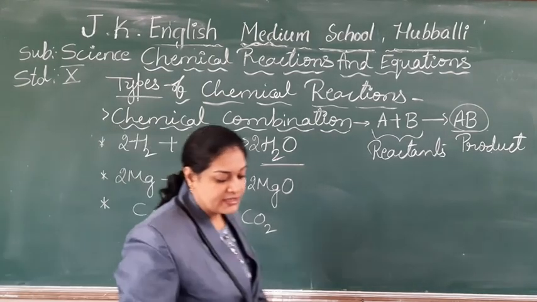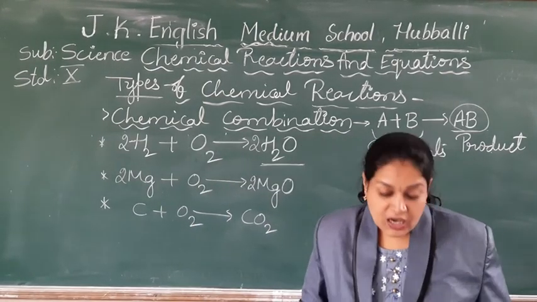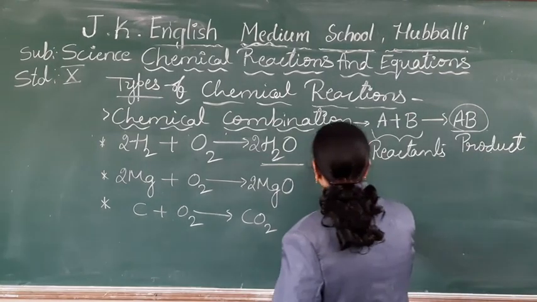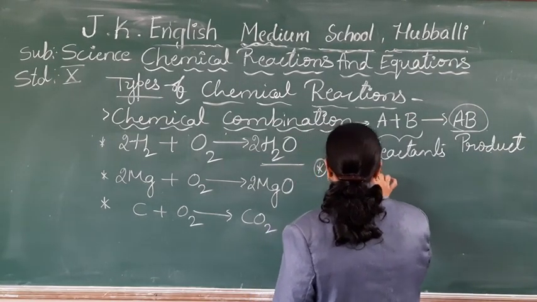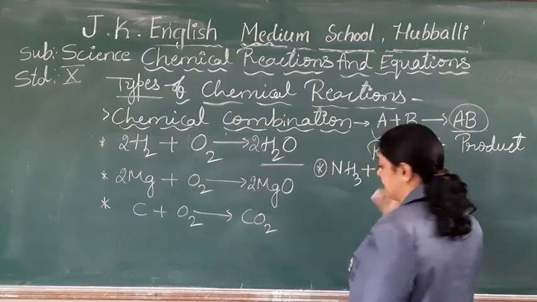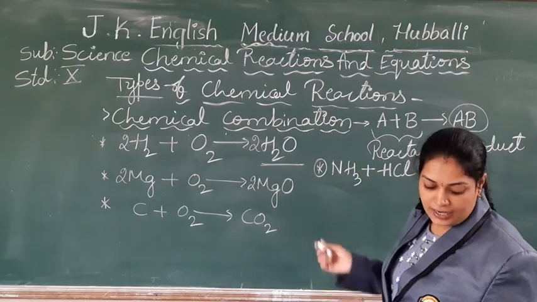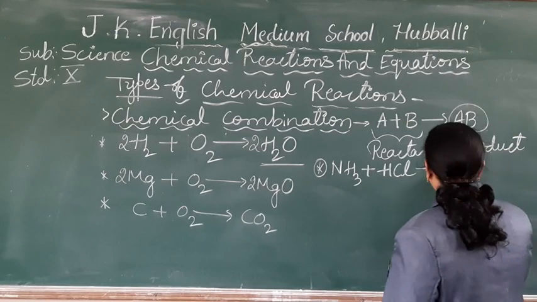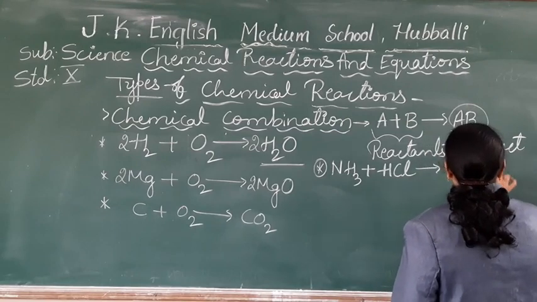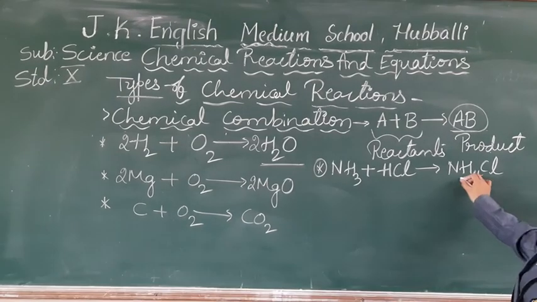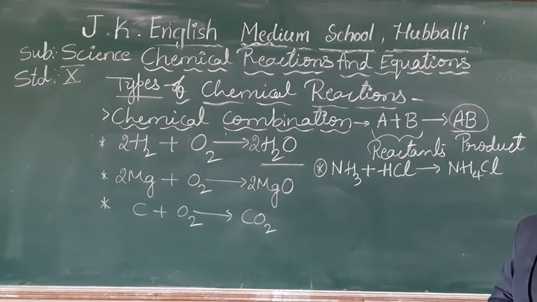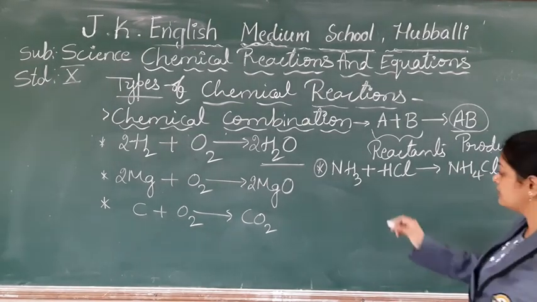Okay? Still more examples. Ammonia, NH3, which reacts with HCl, hydrogen chloride. You are going to get ammonium chloride, NH4Cl. Is this equation balanced, students?